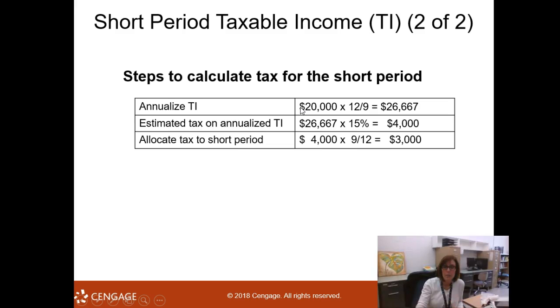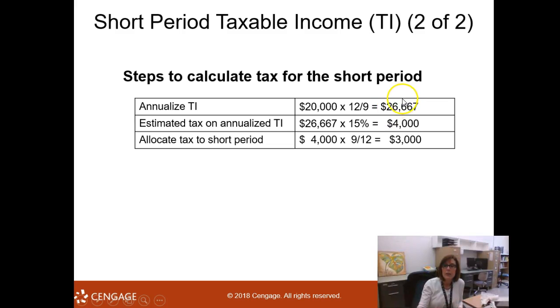So to put that in more basic terms, they actually earned $20,000 for the 9 months of the year of their short tax year. And so we divide 12 months into 9 months and multiply that by the 20,000, and that gives us what we theoretically would have earned during a 12-month tax year based on the pace we were on at that point.